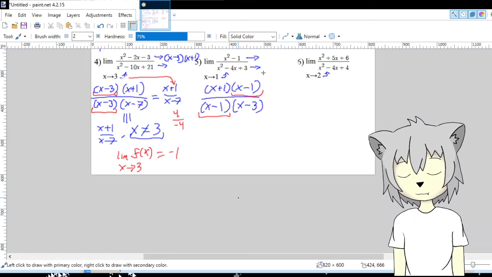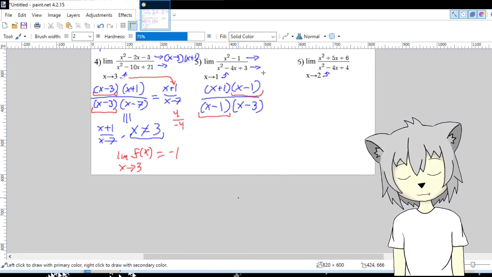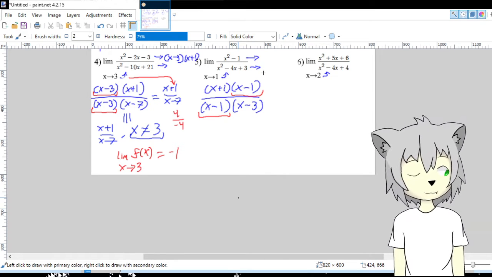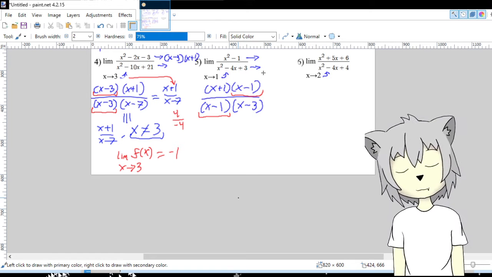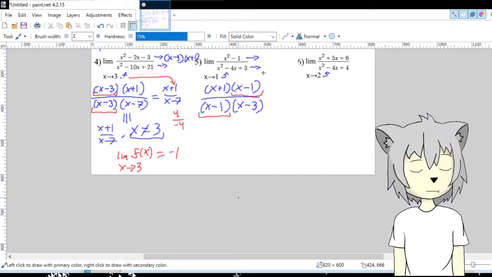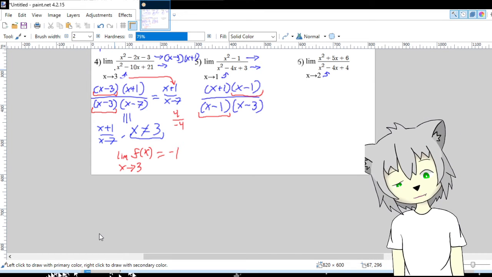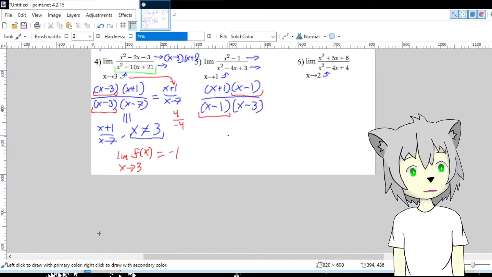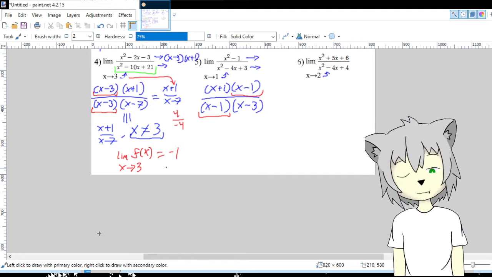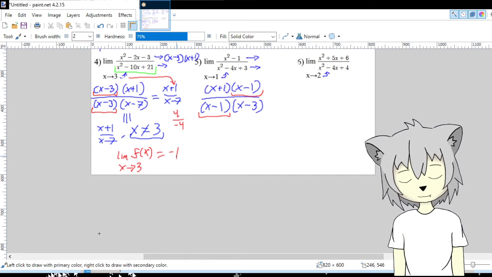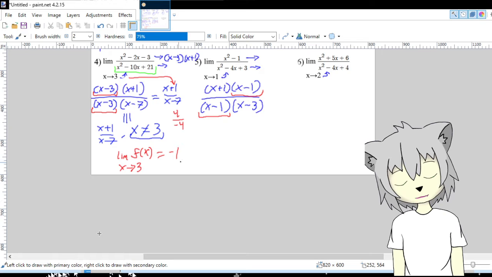I'm very sure if you go to your graphing calculator or use the online graphing calculator and type in this entire equation, you will probably find that at x equals 3, it's basically approaching negative 1.